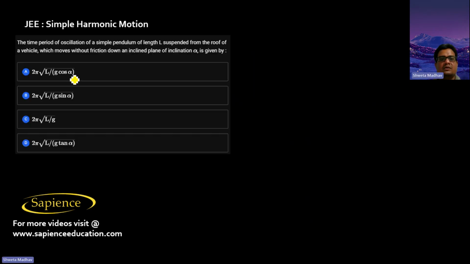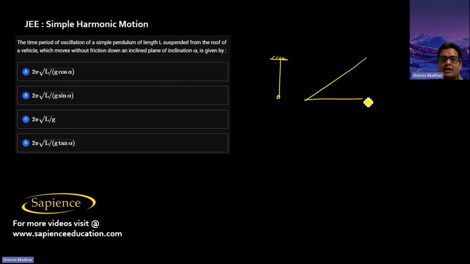Then it is told the time period of oscillation of a simple pendulum of length L suspended from the roof of a vehicle, which moves without friction down an inclined plane of angle of inclination alpha, is given by?